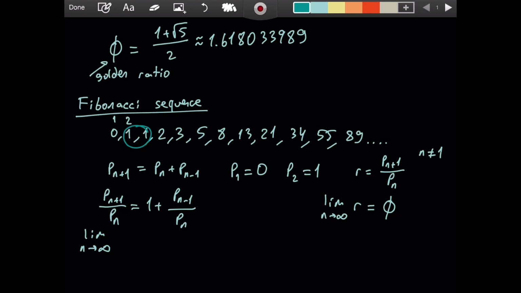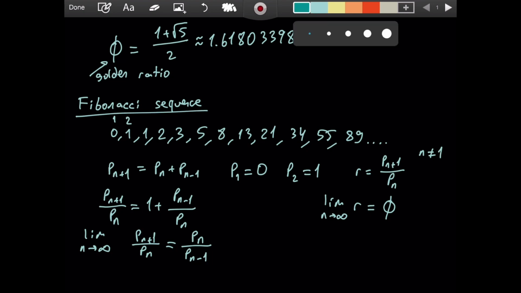And that value is going to be the golden ratio. So the thing is, for large values of n, Pn plus 1 over Pn is going to be the same as Pn divided by Pn minus 1. I hope this part is clear. This is maybe one of the most important realizations in the video.